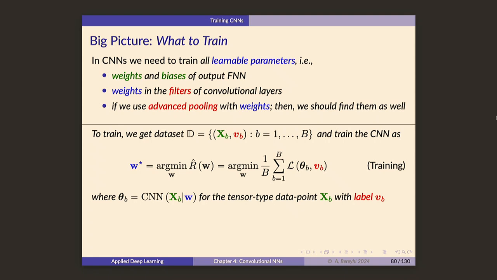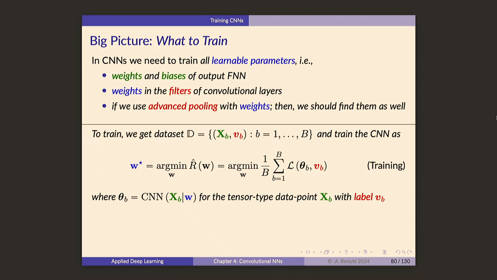For example, they could be classes if it's a classification problem, or it could be a vector, matrix, anything of numbers, if it is regression. So we have the inputs, the labels, and then we have B of them, and then we are just going to minimize this average loss or empirical risk.